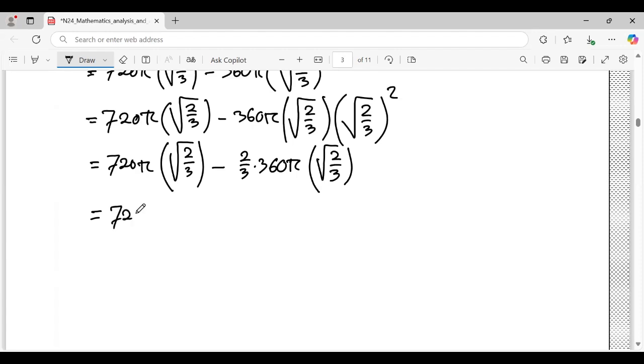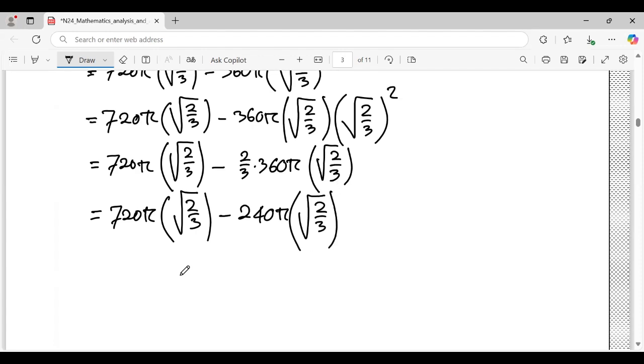It becomes 720 pi square root 2/3 minus 360 times 2, 720 divided by 3, 240 pi square root 2/3.